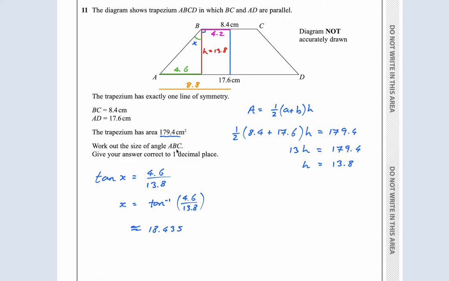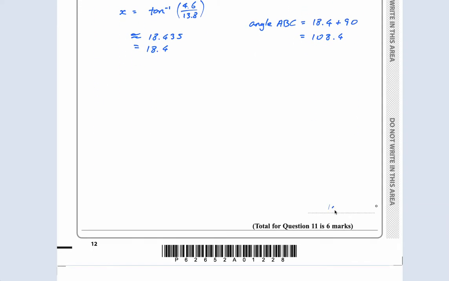Well, this to 1 decimal place is 18.4, but remember, the final angle I want is x plus 90. So angle ABC is equal to 18.4 plus 90, which is 108.4 degrees.